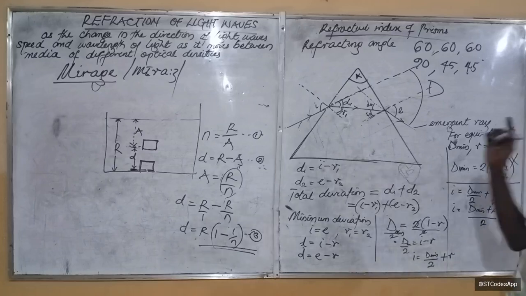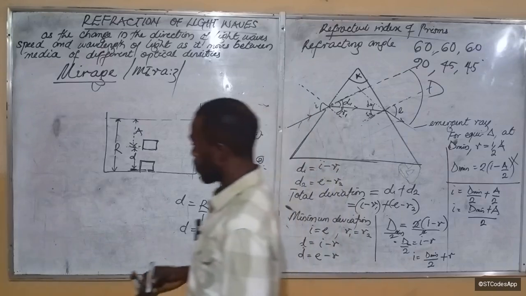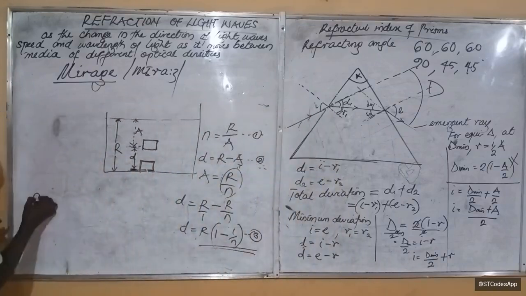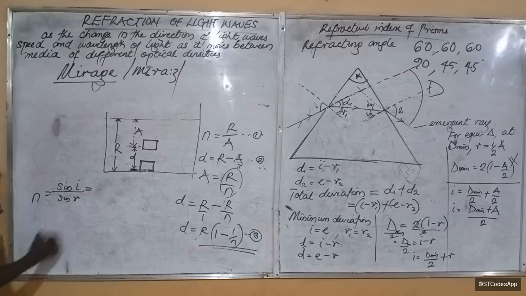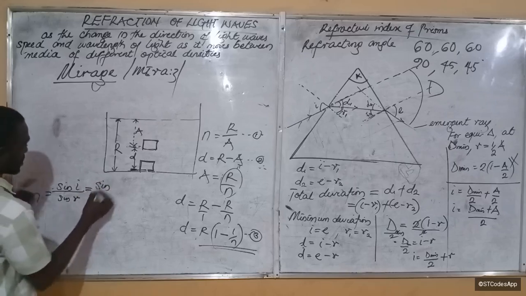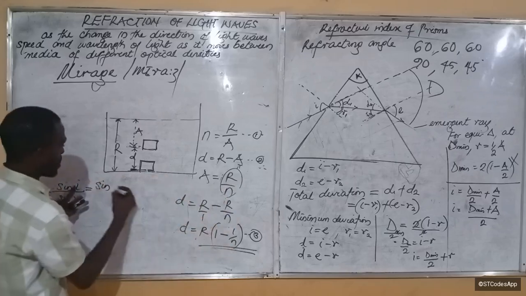If we now input this into our formula of refractive index, which we said was sine of angle of incidence over sine of angle of refraction, therefore it becomes the sine of, what is incident angle? Incident angle there is what?